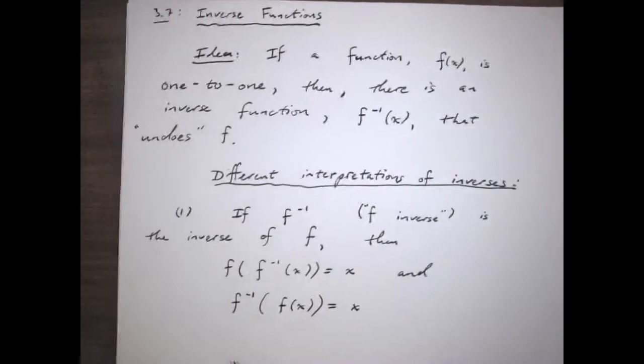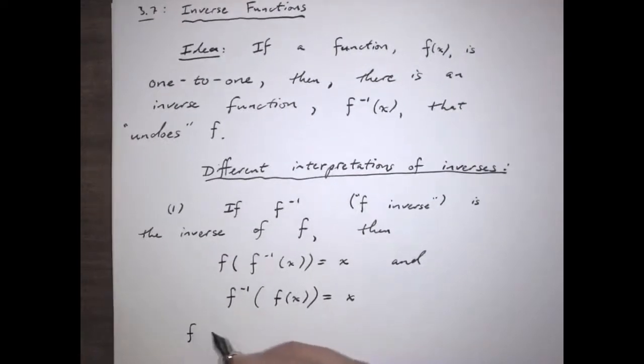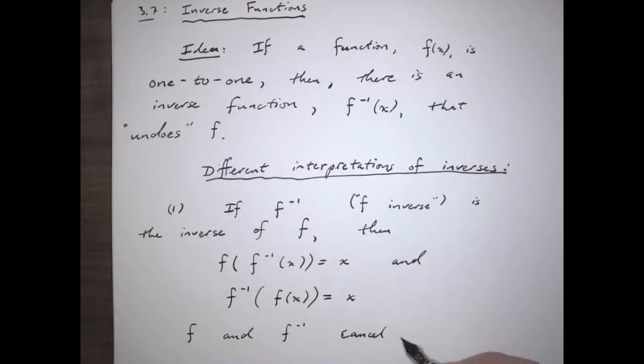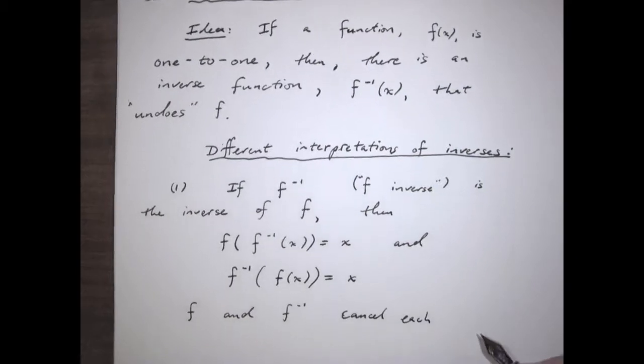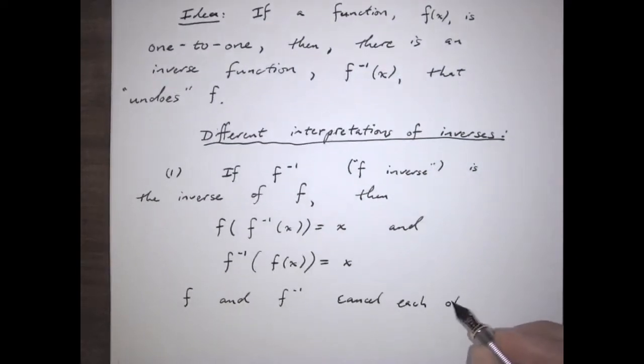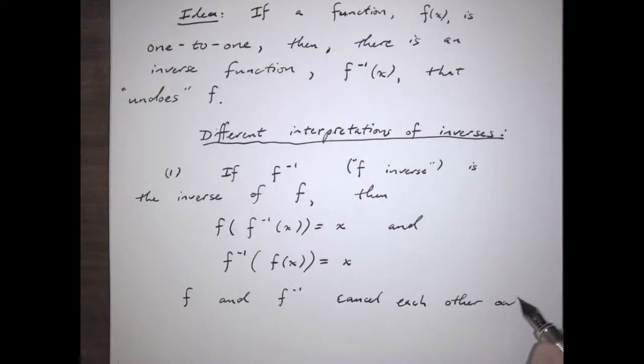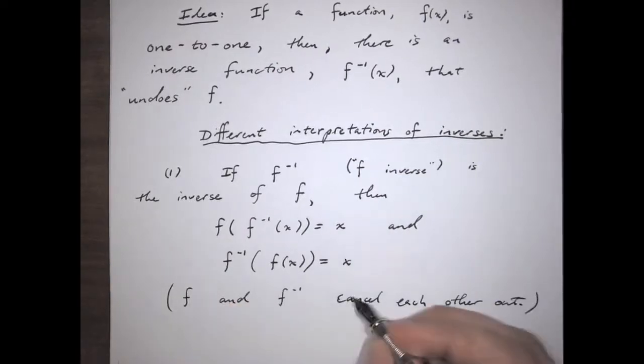So in other words, f and f inverse cancel each other out. So you can think of this as acting kind of like roots and powers. So a third root cancels a third power. A fifth root cancels a fifth power. So that's one meaning of functions and their inverses.